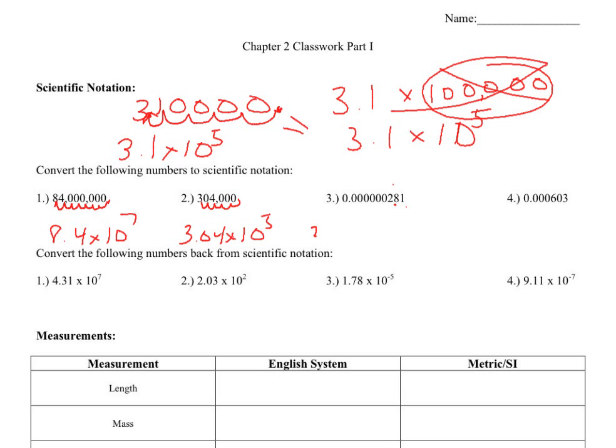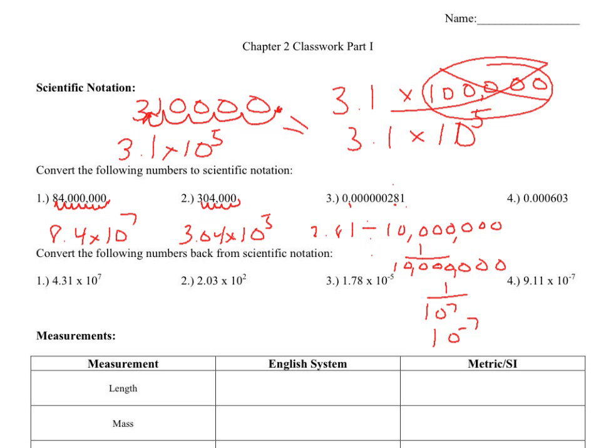So this is the same as 2.81 divided by 10 million, which is the same as multiplying by 1 over 10 million, which is the same as 1 over 10 to the 7th, which is the same as 10 to the negative 7.